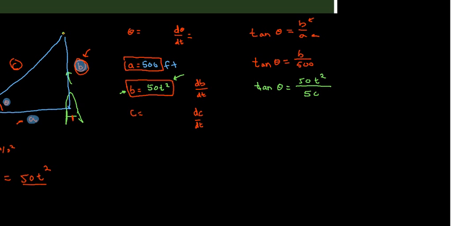Because the 0 will go away, the 0 will go away, and that will be tangent theta is equal to 5 over 50, which is 1/10, t squared.